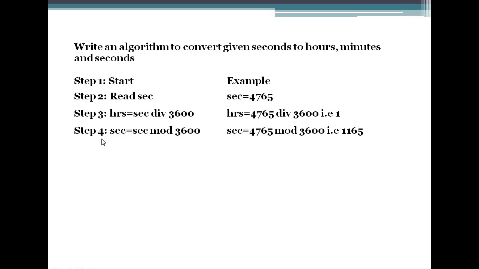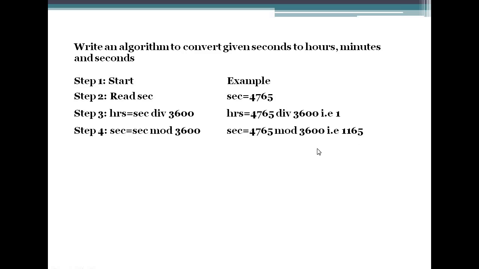To do that, we use the operation mod. So seconds is equal to seconds mod 3600. That is, in the given example, 4765 modulus 3600, and the remaining seconds are 1165.